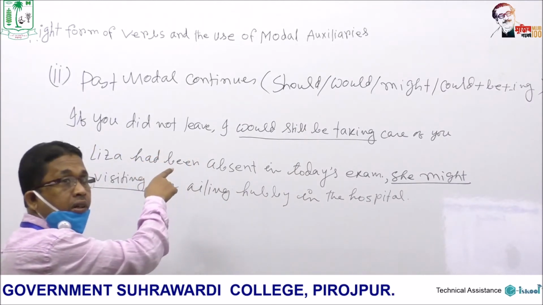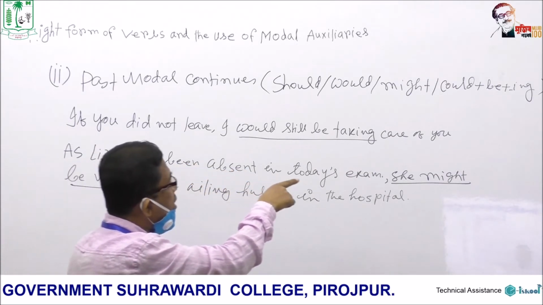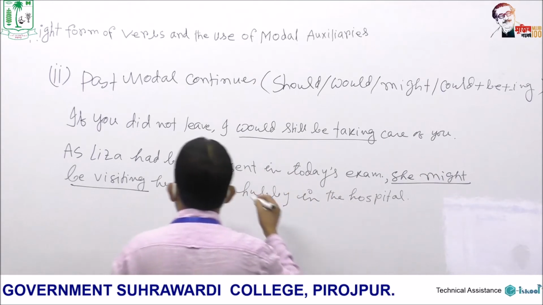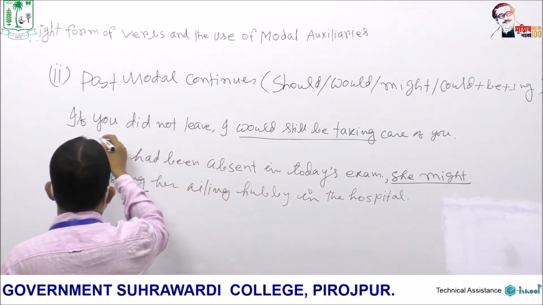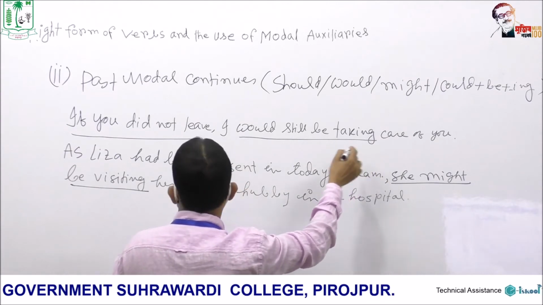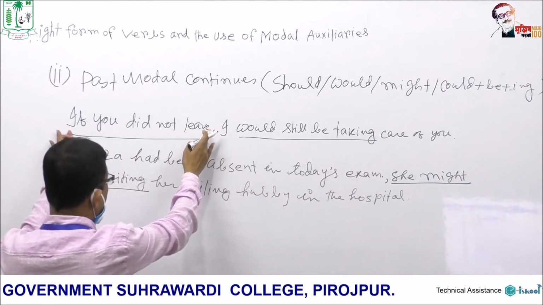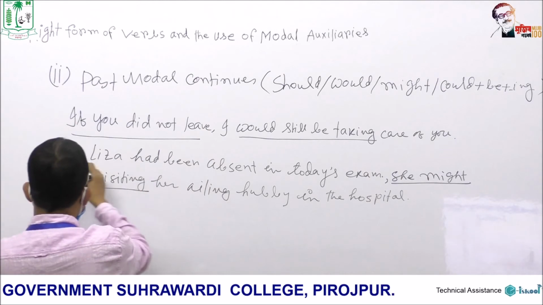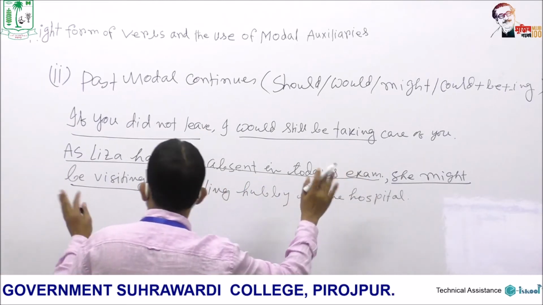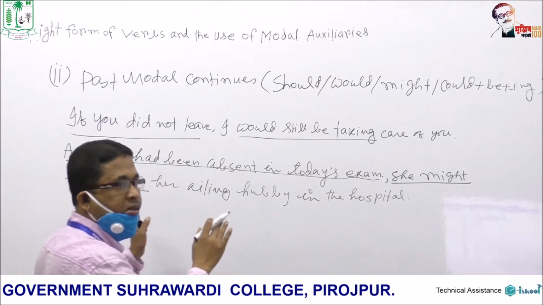If you did not leave, I would still be taking care of you. This happens in the past. Yes, Lisa had been absent in today's exam. This happened in the past.